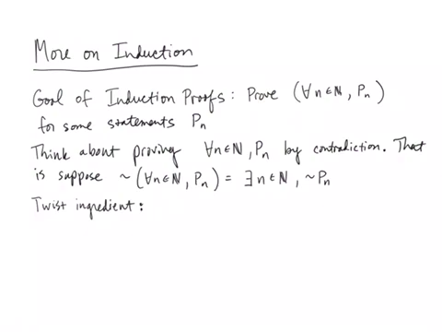If there exists an n such that not P sub n holds, then there has to be a smallest natural number n such that not P sub n holds.